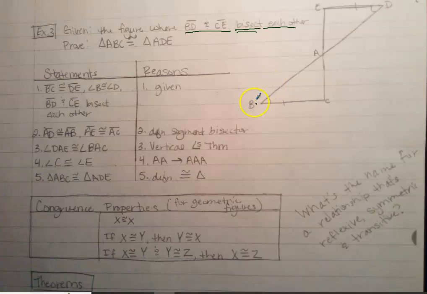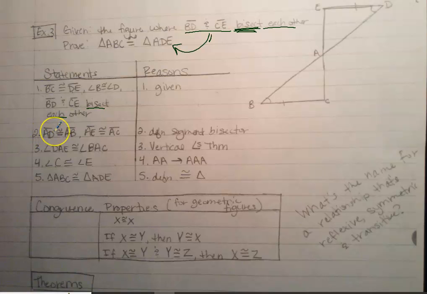Part of it was in the drawing, and part of it was in the statement. But we can put all of that in the given. Now, because I know that they bisect each other, again, this is a treasure map we talked about last week, and we're trying to get from this place to this place, and we have to draw a treasure map to get there. So from there, we say, hey, since these bisect each other, I know that we're going to have some congruence.